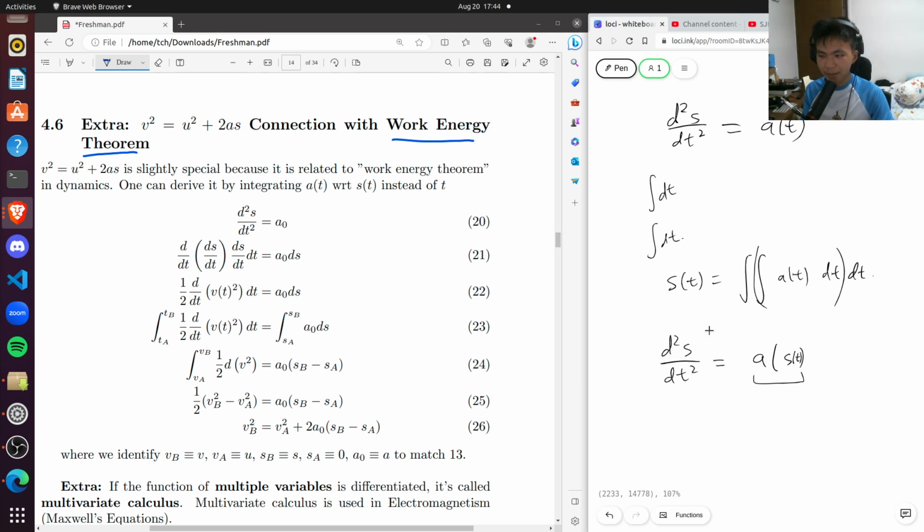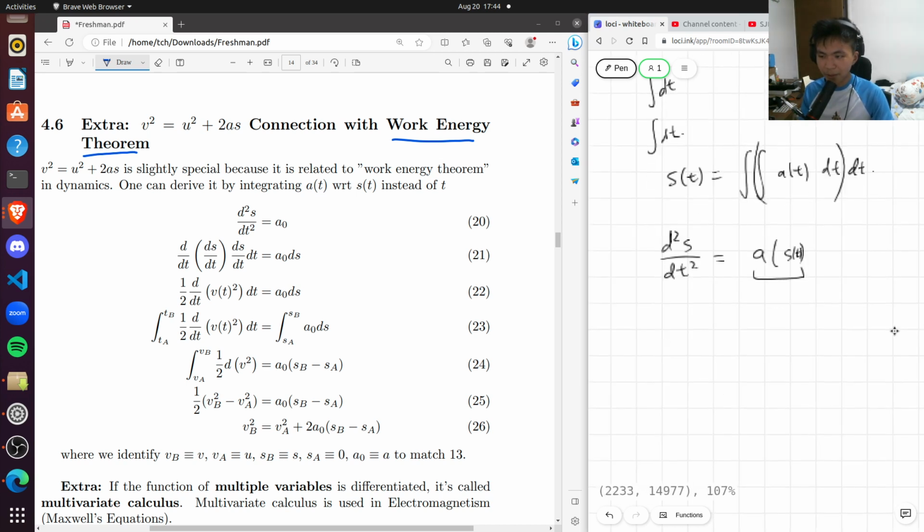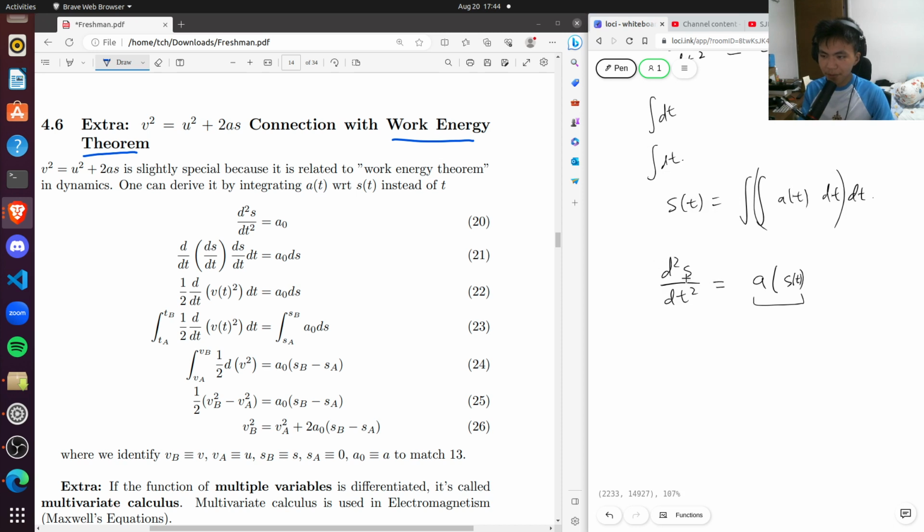And this cyclic dependency, where in order to find s we need to integrate a twice, but in order to find a we need to know s, leaves us kind of stuck in a loop where we are unable to find one quantity without finding the other first.